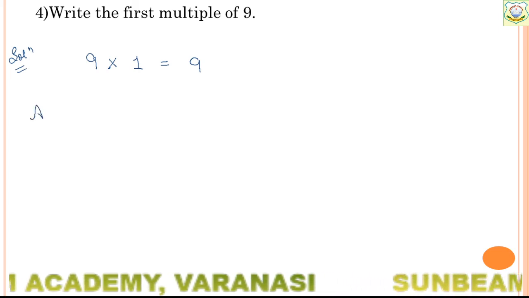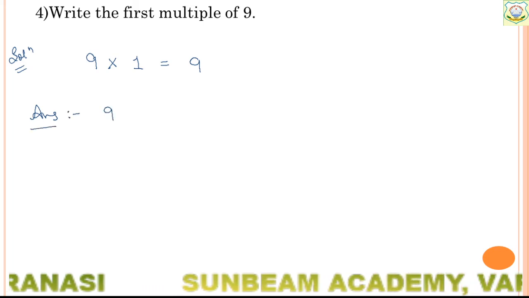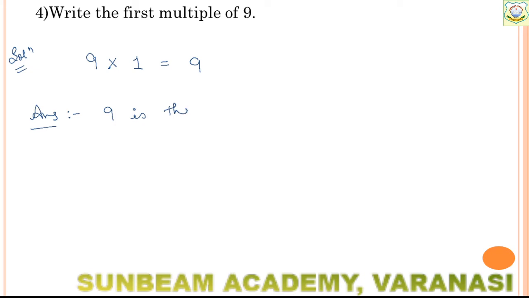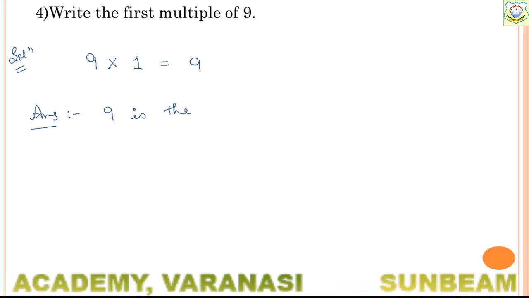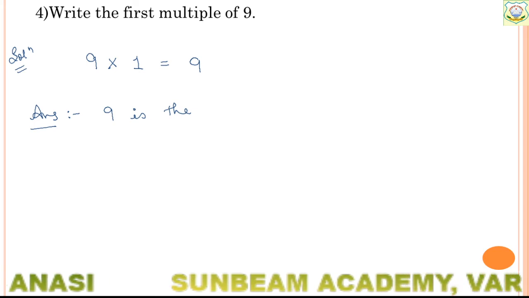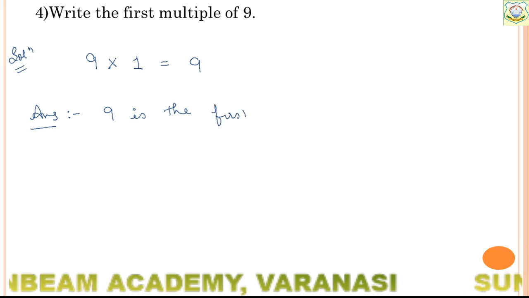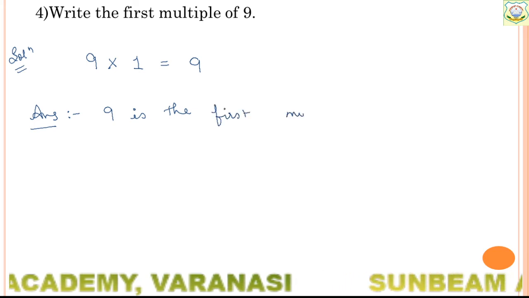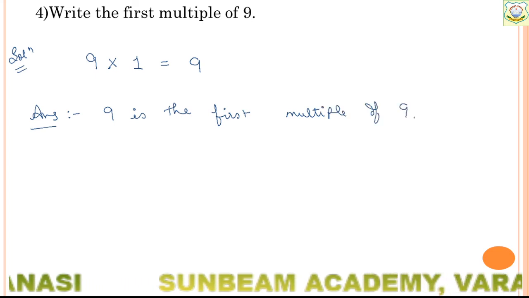So how to write the answer? Whenever there is 1 we have to use "is". But when it is more than 1, then you have to write "are". Okay? 9 is the first multiple of 9.